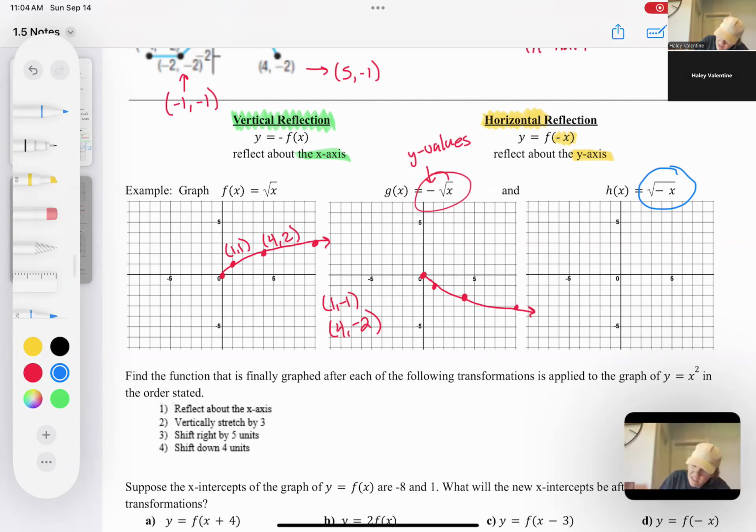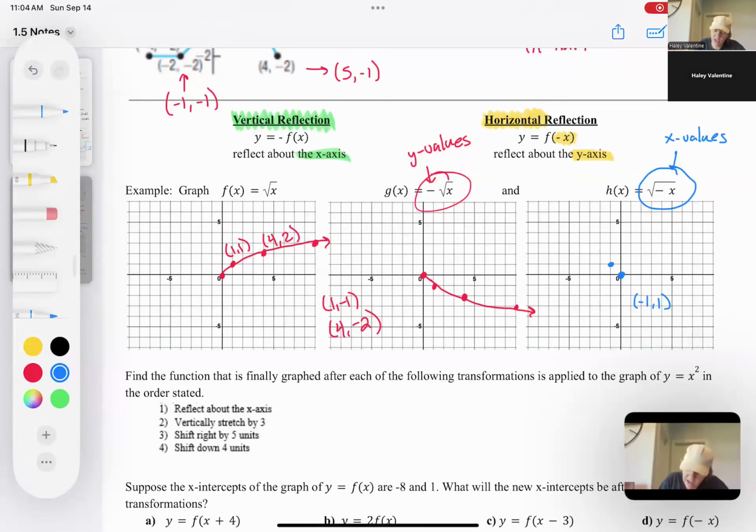So let's think about this as a direct effect of the x values. The x values are being multiplied, the y values do not change. So instead of the point 1, 1 like your parent function has, first of all, I still have 0, 0 because multiplying by 0 doesn't change anything. It's still just 0. Instead of 1, 1, now it's going to be -1, 1.